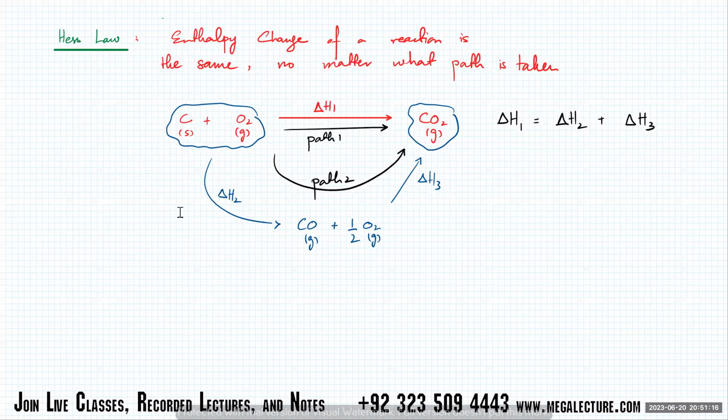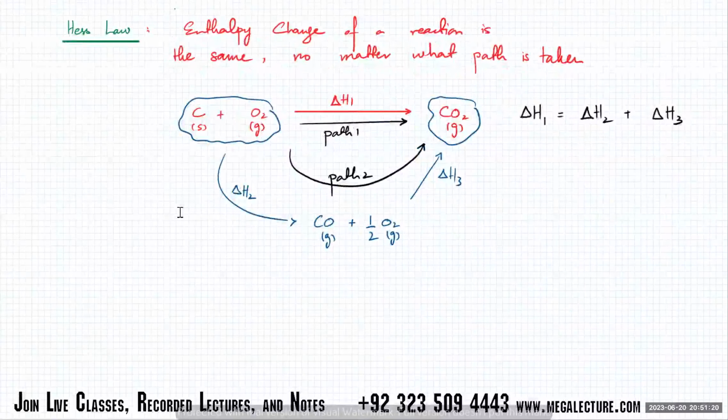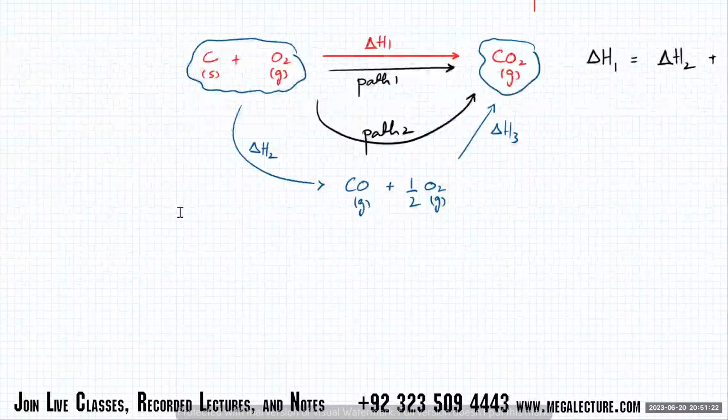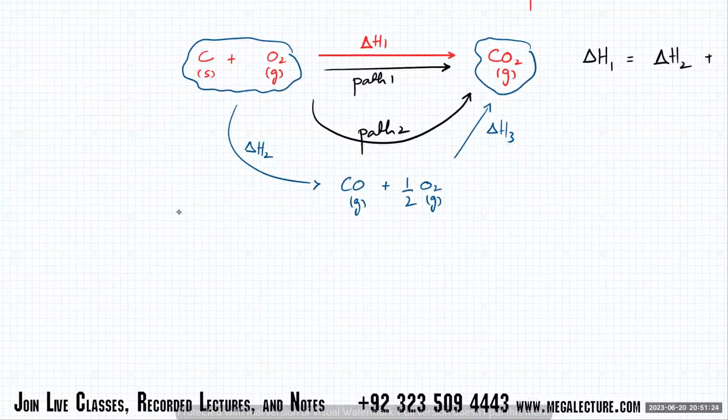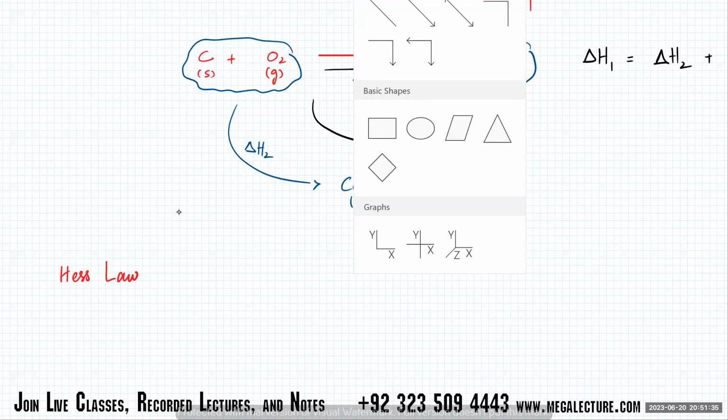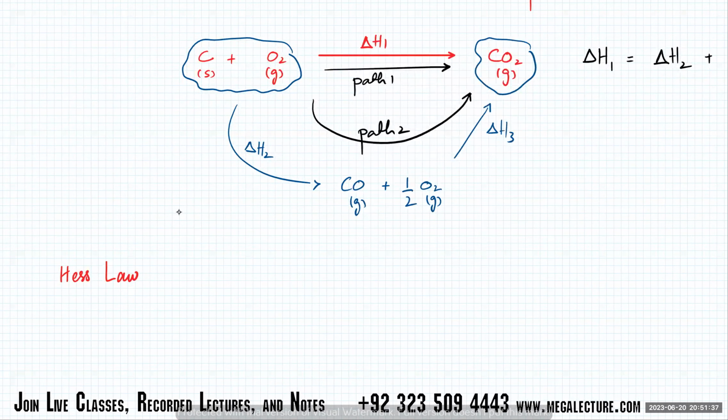Now there was a shorter version of the Hess law, which was the Hess law formulas, based on the same cycle. Drawing the cycle is kind of difficult, so the advantage of the formula was that you didn't have to draw the entire cycle, and by just applying a formula you could figure out the answer.